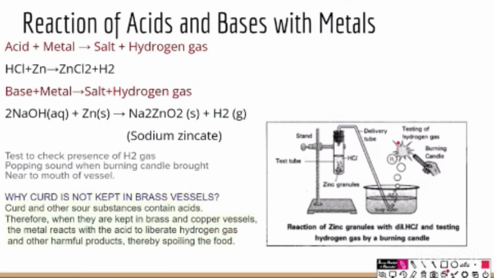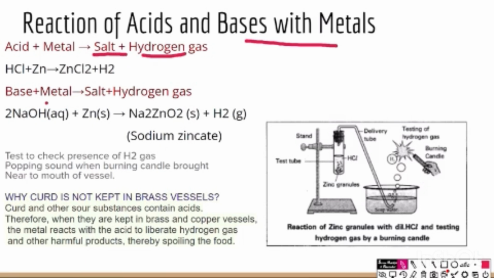So we have various chemical reactions of acids and bases. The first chemical reaction is the reaction of acids and bases with metals. This we have already studied in metals and non-metals as well. So acids and bases, when they react with metals, produce a salt and hydrogen gas.